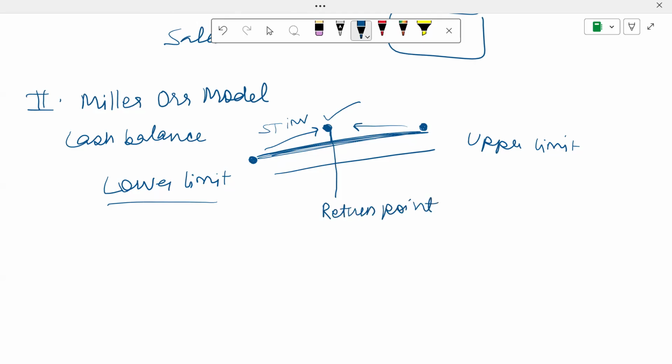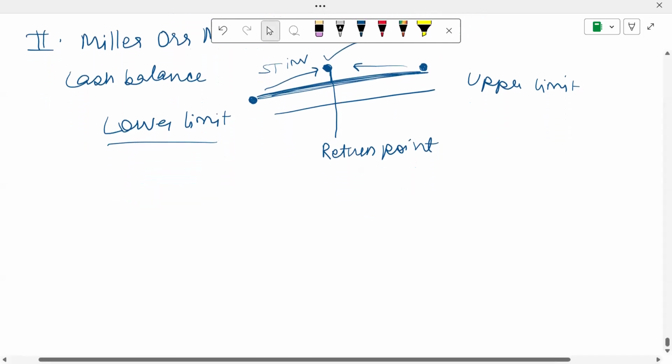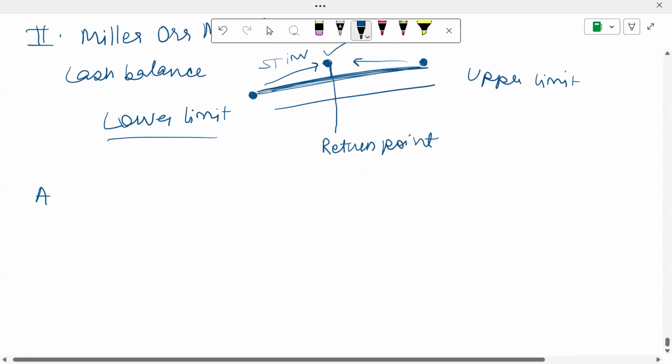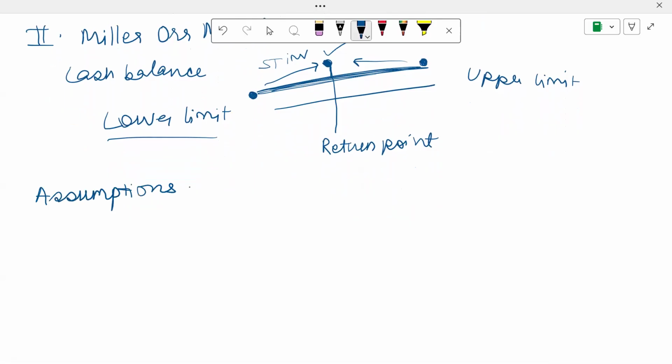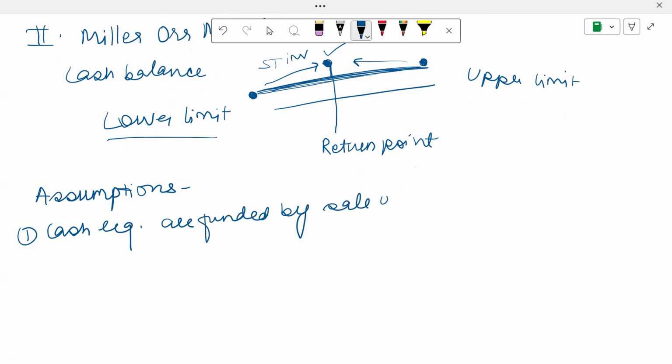So there are proper formulae that this model gives you so that you're able to find everything you have to. Now let's see what assumptions are there, and then we'll see the formulae. Number one assumption, again similar to the Baumol model, is that your cash requirements are funded by sale of short-term investments.